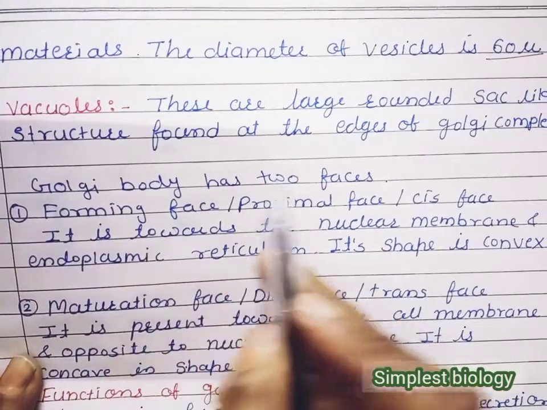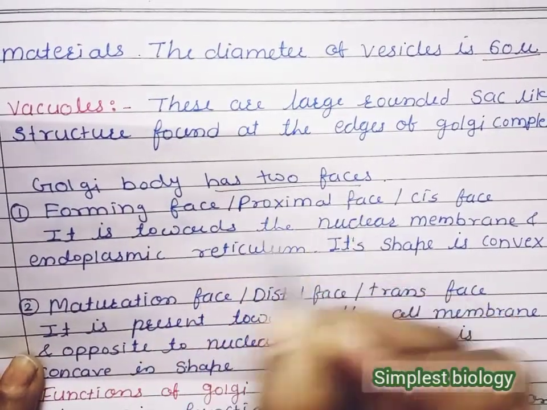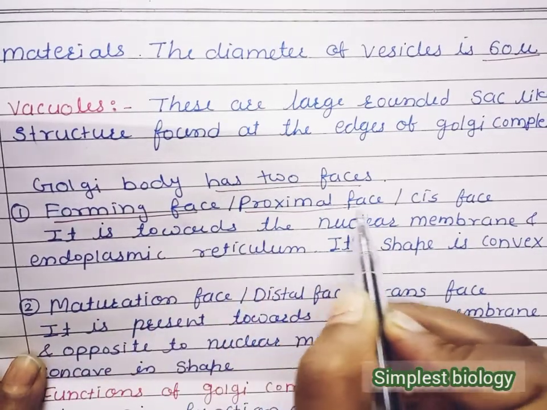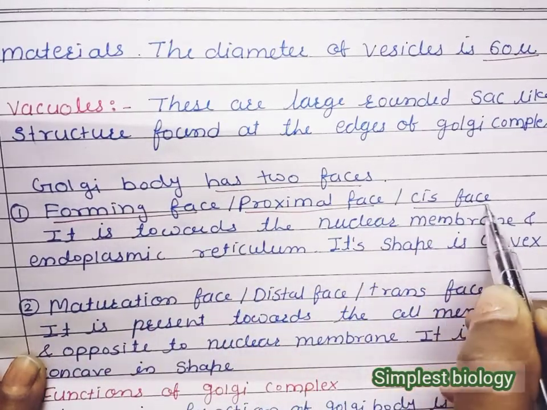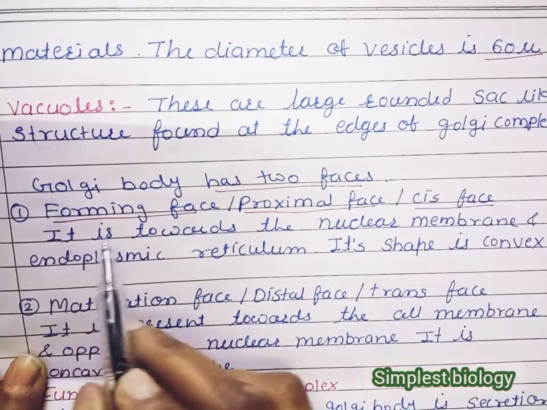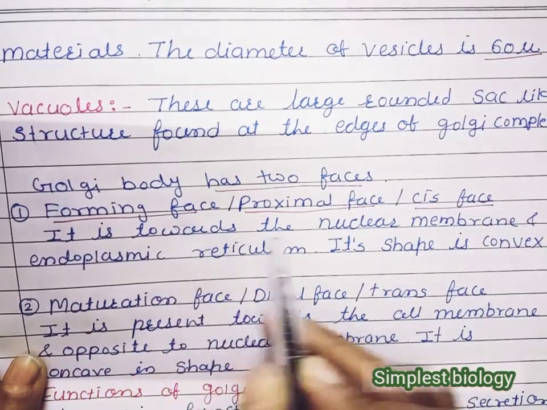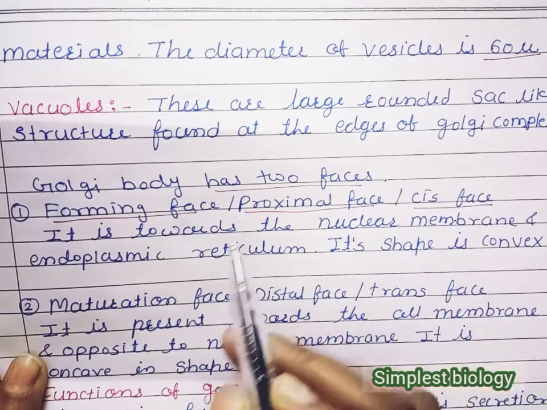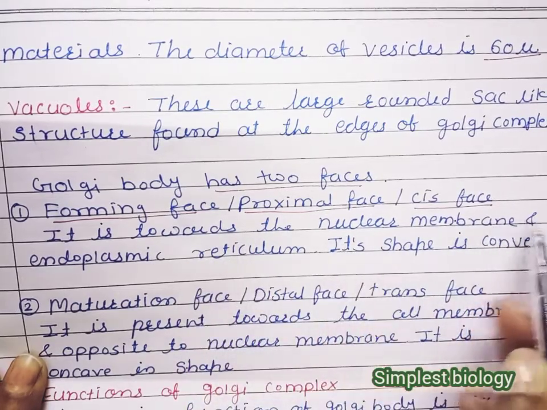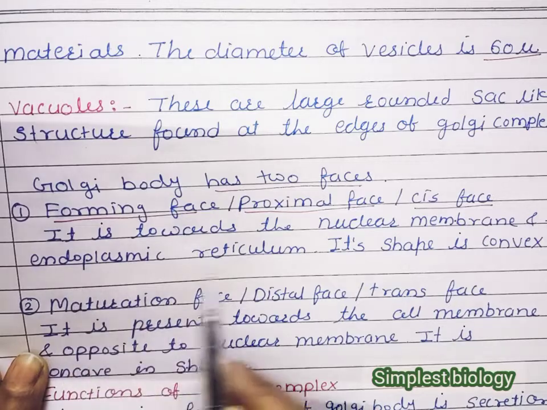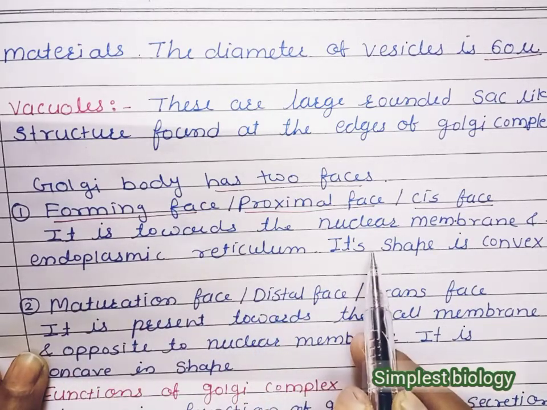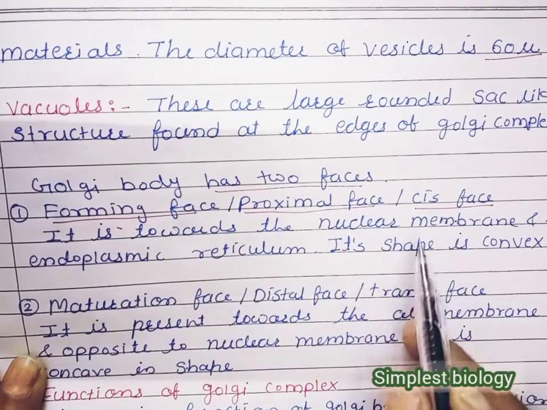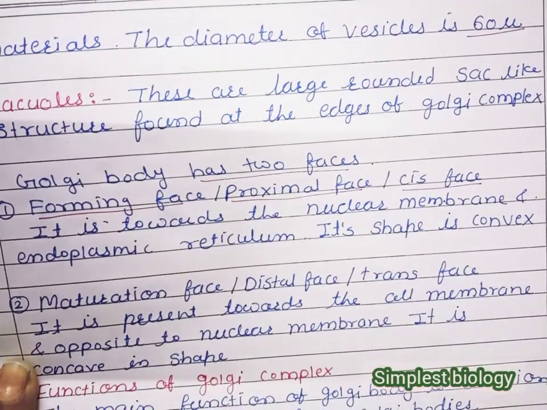The Golgi body has two phases. The first phase we call the forming phase; it is also called the proximal phase and the cis phase. If the phase is towards the nuclear membrane and endoplasmic reticulum, it is called the forming phase, proximal phase or cis phase, and its shape is convex.